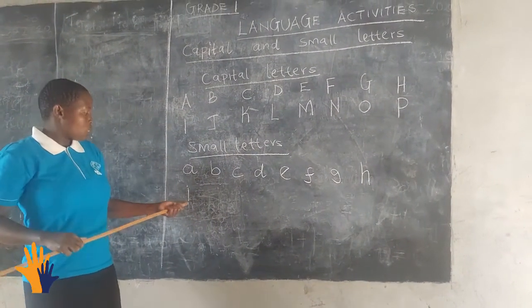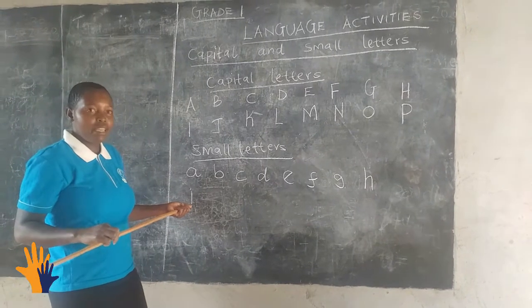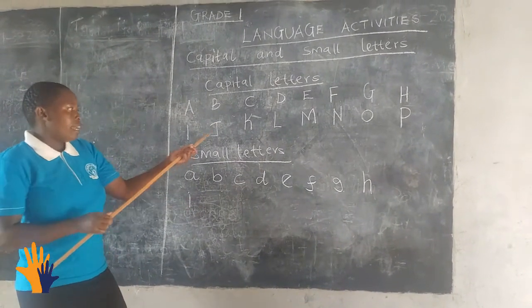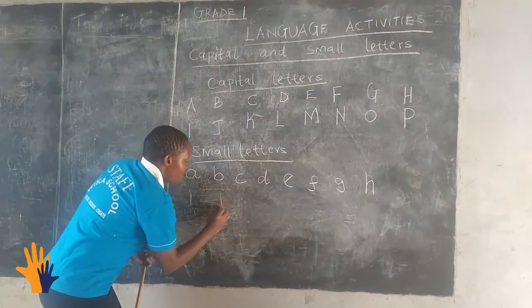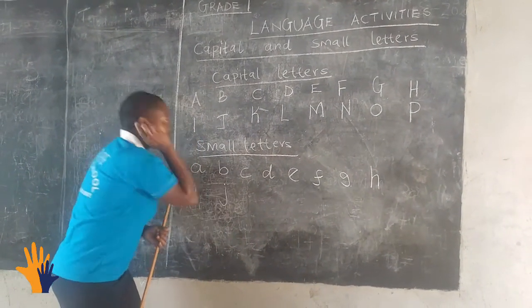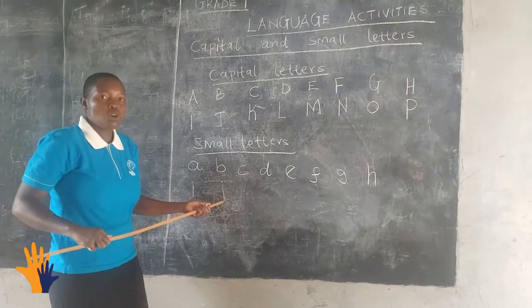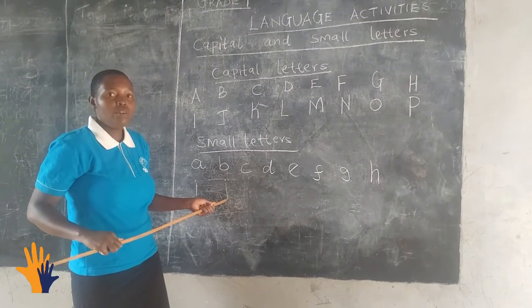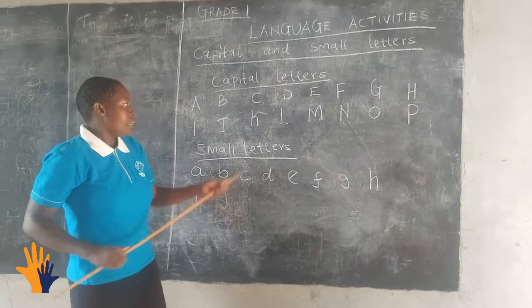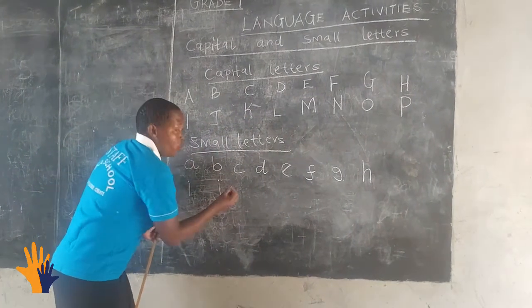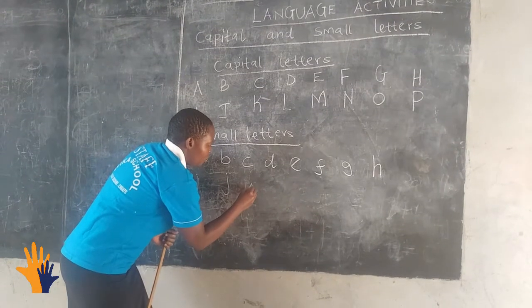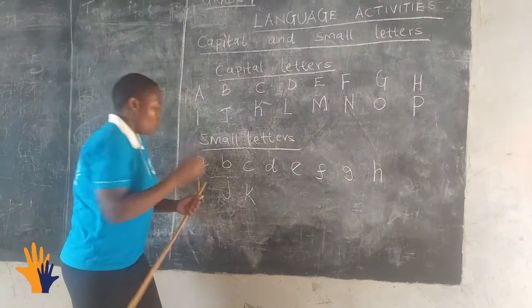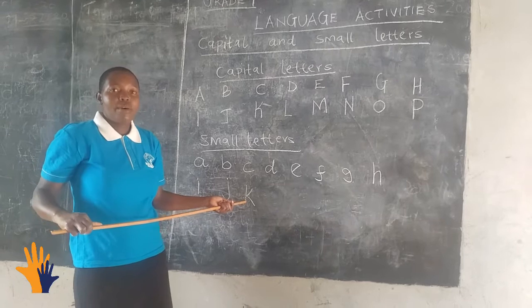We also say it is sound i. And then capital letter J, when you want to write it in small letter, we write like this with a dot again, and then we also call it sound J. Capital letter K, when we want to write it in small letter, we write it like this children, then like this. We can also call it sound k.